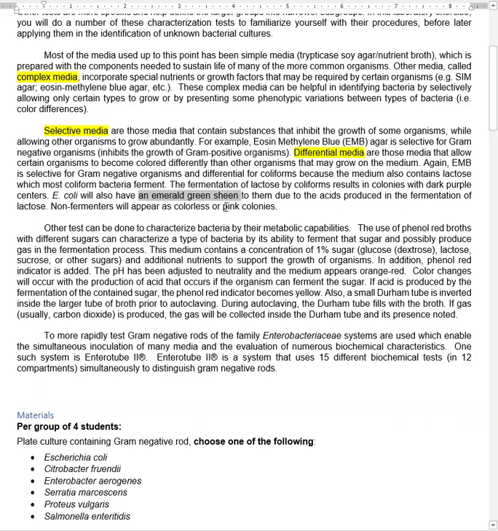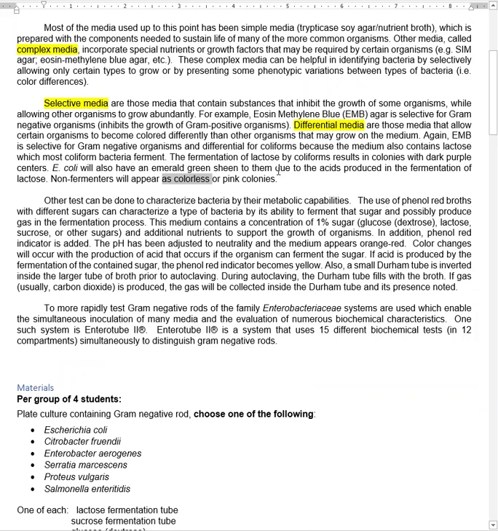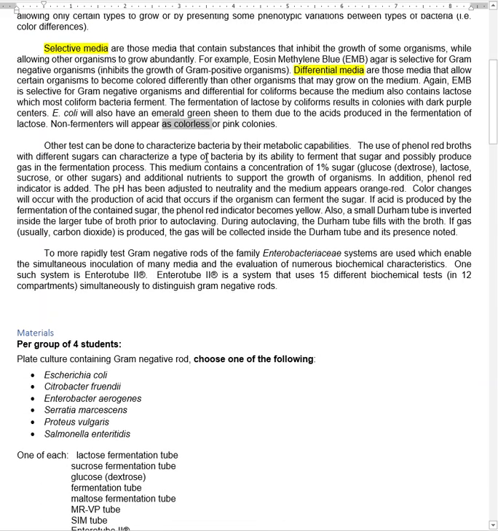Pink, maybe non-fermenters, there'll be less fermentation. So by using EMB, we can help to classify some of our bacteria. We can break them down into lactose fermenters and non-lactose fermenters already, in addition to weeding out any gram-positives we may have.